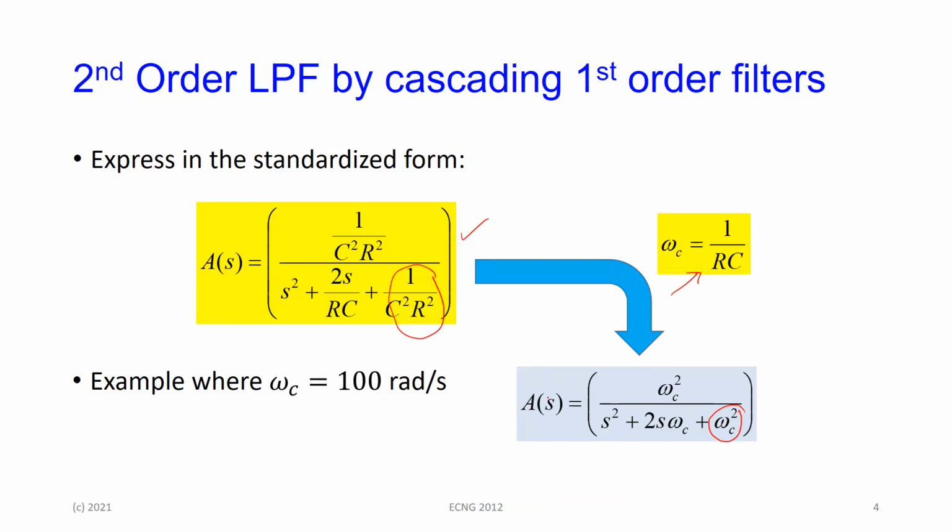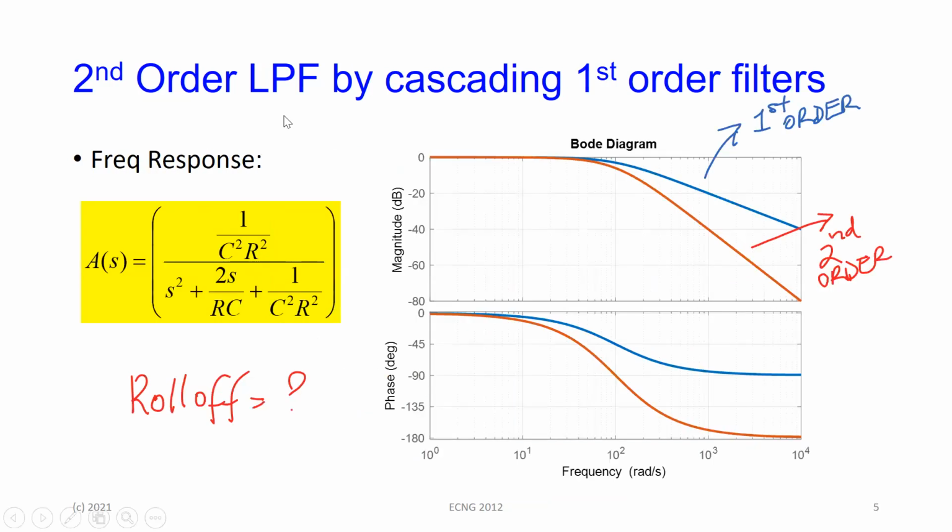And let's see an example where I put the cutoff frequency as 100 radians per second. So I pick R and C to make omega C 100 radians per second. And look at the response here. Each first order filter will respond here according to the blue line. And the roll off, if you remember, was what? How many decibels per decade?